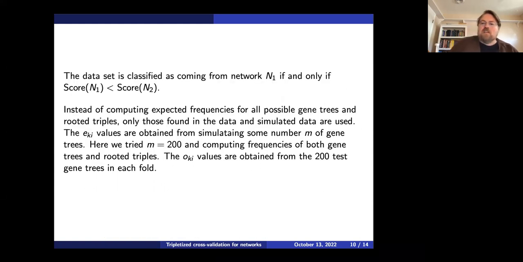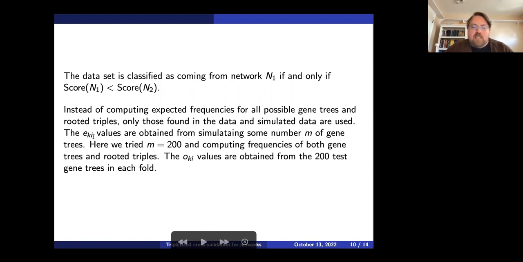And instead of computing expected frequencies for all possible gene trees, we only use those in the simulated data. So instead of summing over all possible topologies, we're just using the ones that we happen to find. Otherwise, the sum would just have tons of zeros in it, which would be okay too.